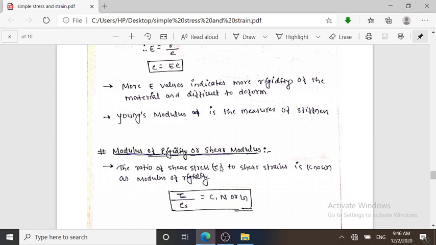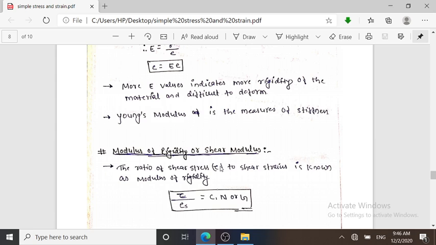So Young's modulus is a measure of the stiffness. Well, stiffness is nothing but the deflection per unit length. Stress is inversely proportional to strain. A higher value of Young's modulus means less deformation taking place, because it is directly proportional to stress.